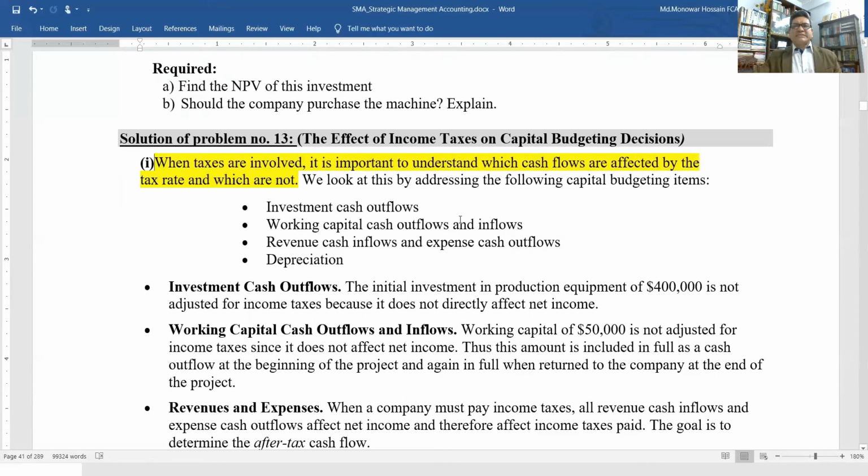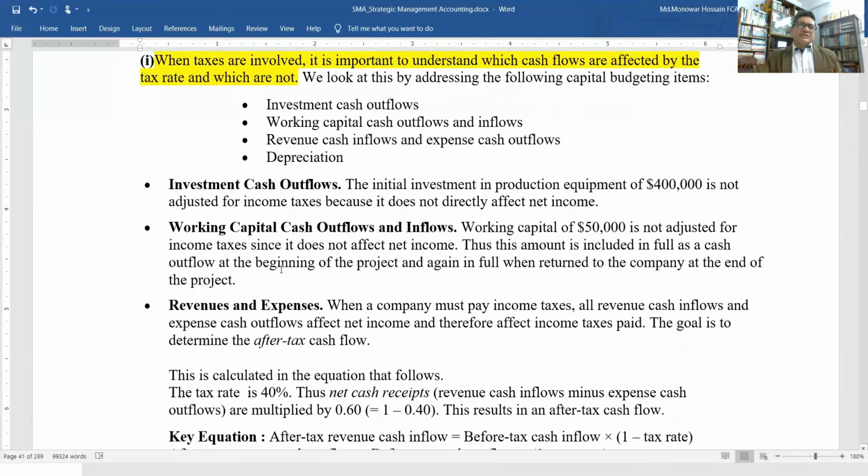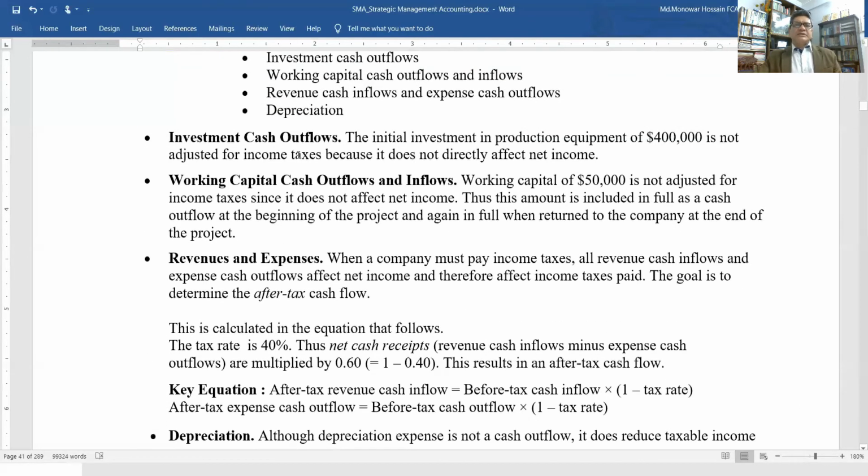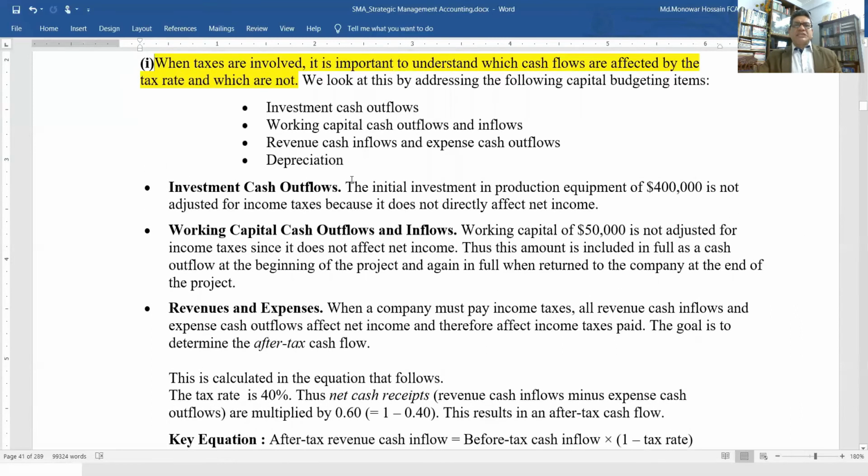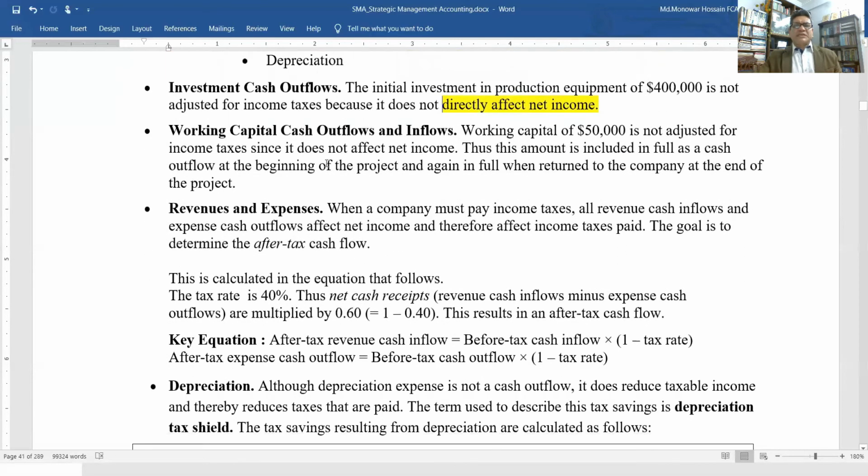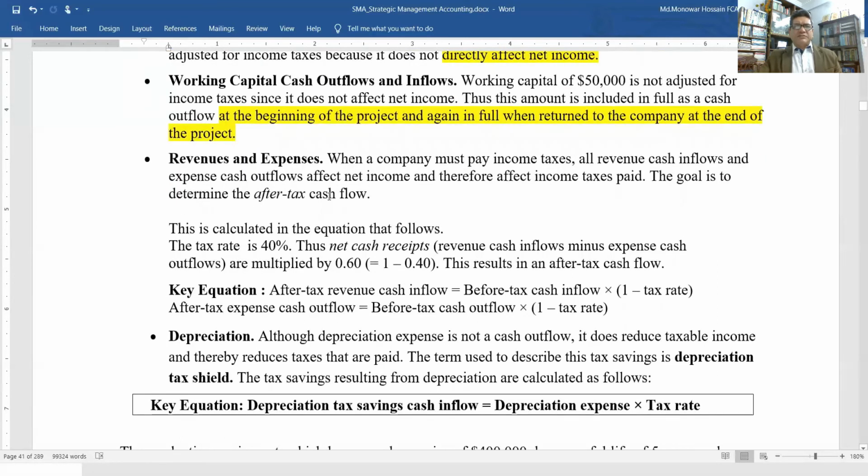The initial investment is not affected. Working capital is not affected in the beginning year. Revenue and expense are affected, so they need the adjustment.